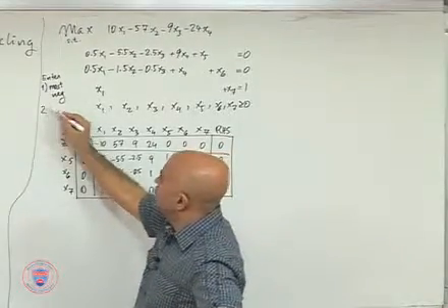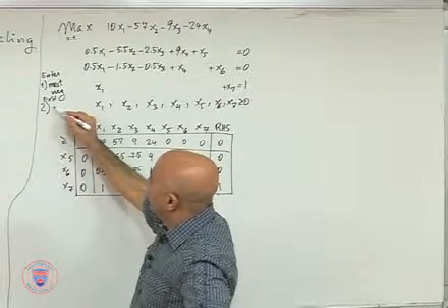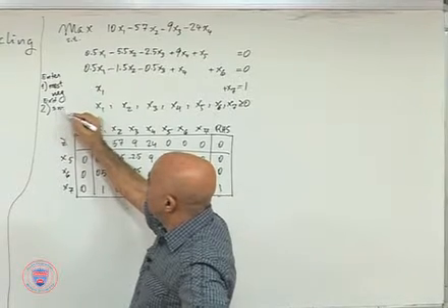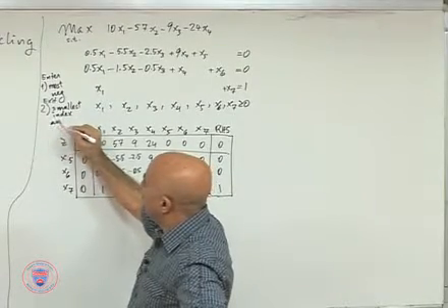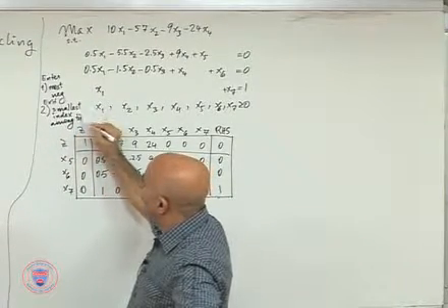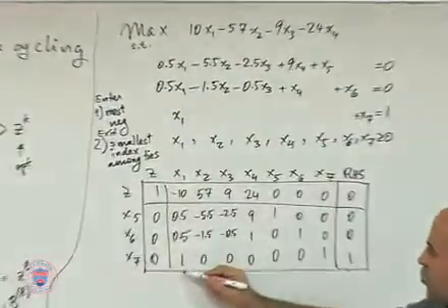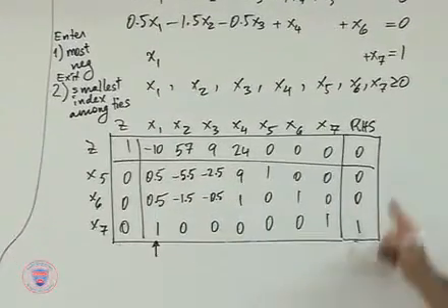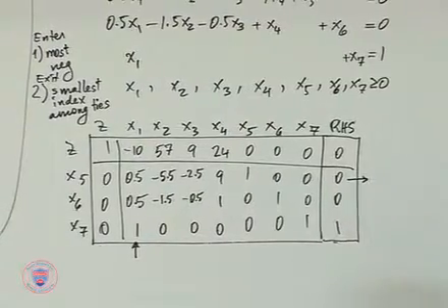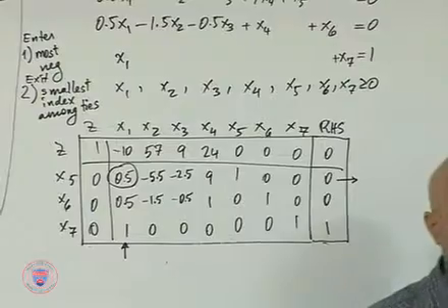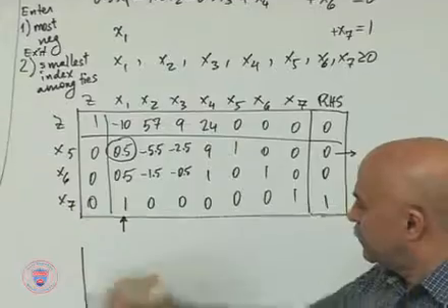For the exiting variable, smallest index among ties, if there are any. Okay? So in this case, there's only one choice for the entering variable, x1. So going with the smallest index rule for the exiting variable, we pivot on that one. Okay? And then we arrive at the next tableau.